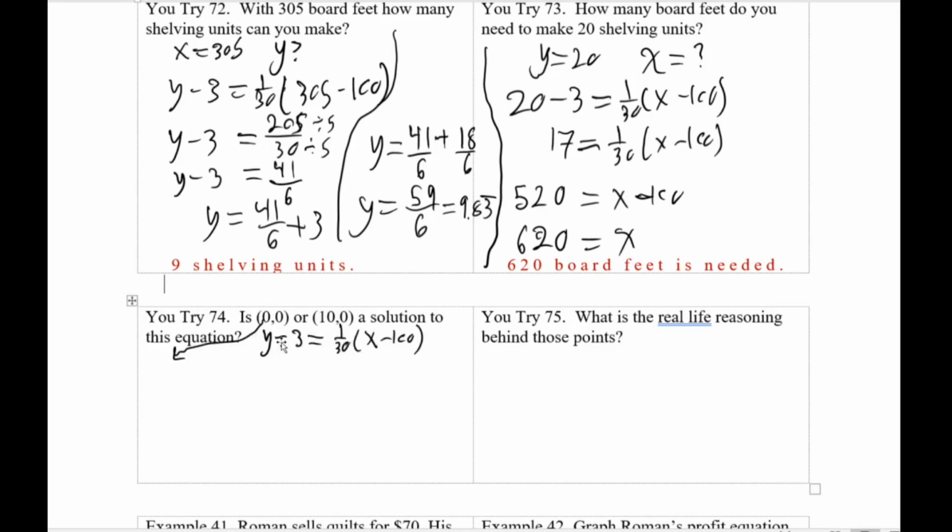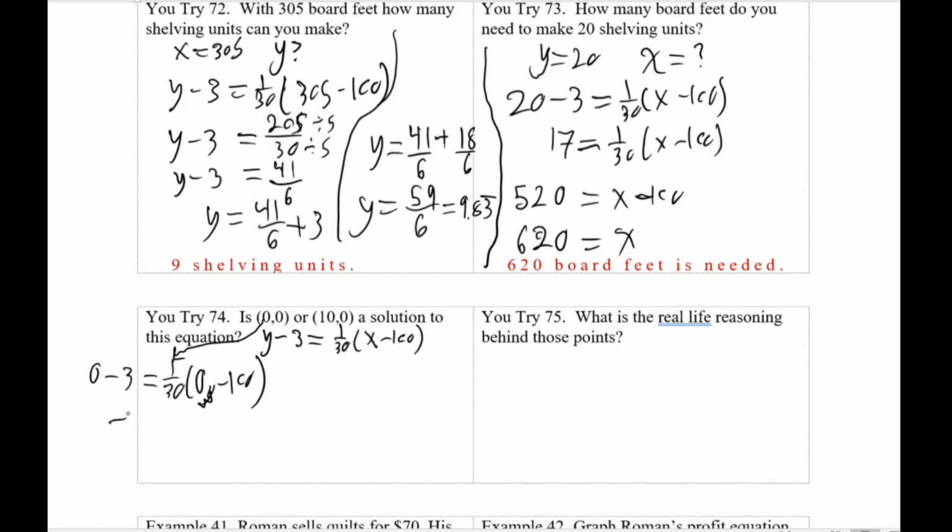Recall that we can check an answer by plugging the numbers into my equation and determining if it turns out to be a true statement. So if I replace y with 0, subtract 3 from it, is that truly going to be equal to 1 over 30 times, instead of x, I'll replace it with 0 minus 100.